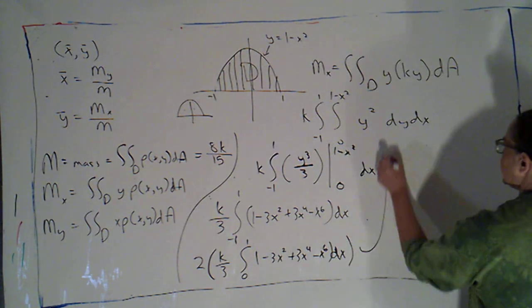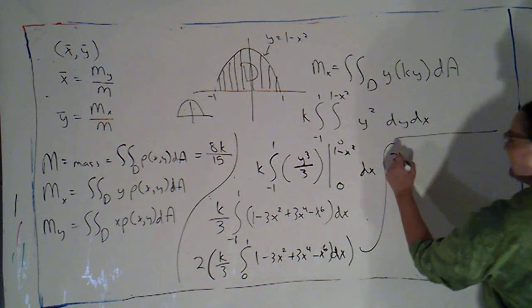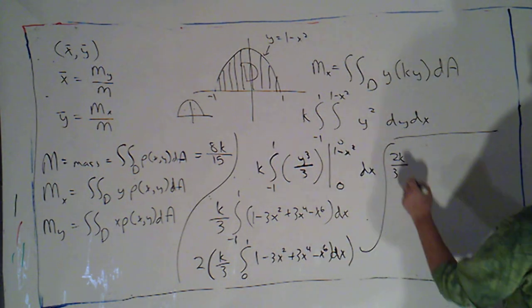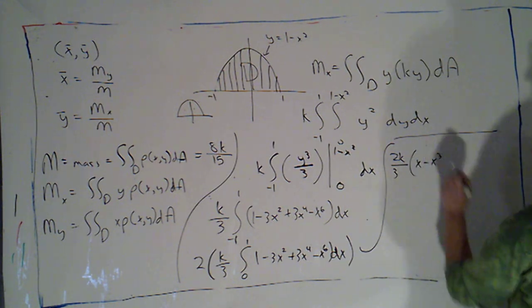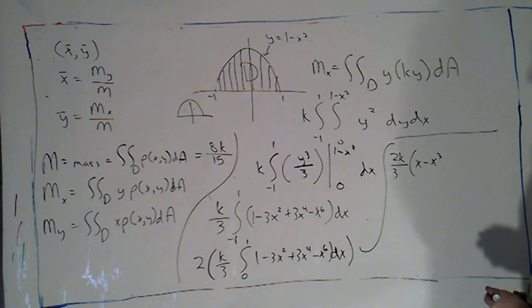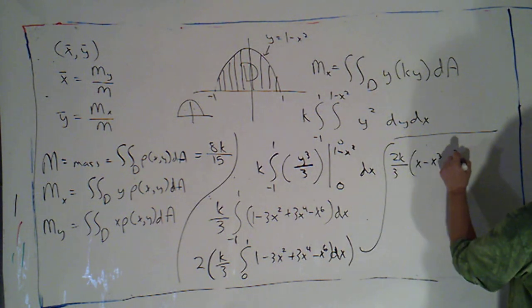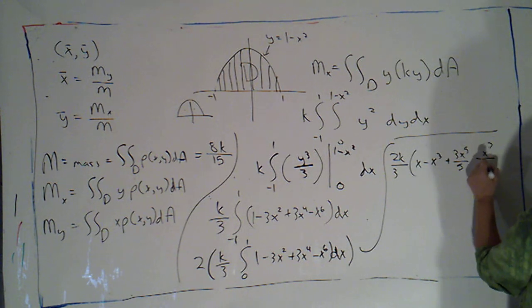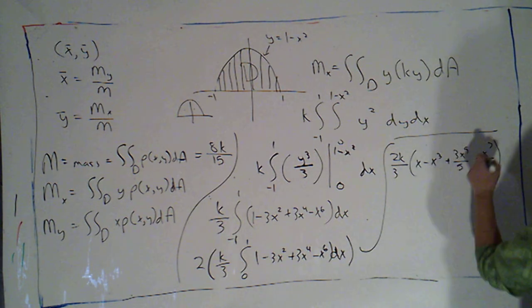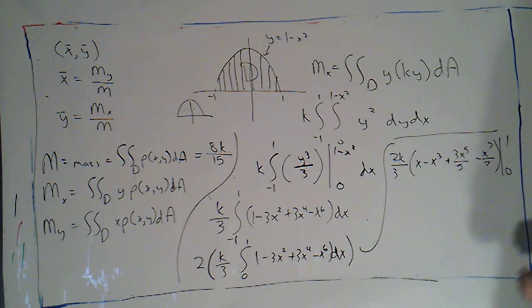Okay, so that's going to be 2k over 3 times x minus, that's kind of nice, 3x cubed over 3 is just x cubed, plus 3x to the 5th over 5 minus x to the 7th over 7, all evaluated between 1 and 0.